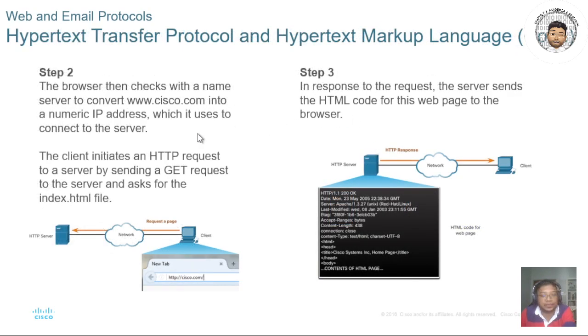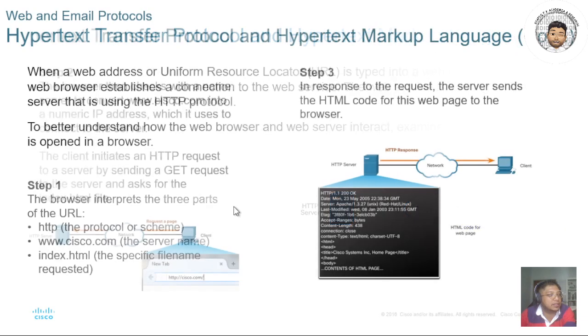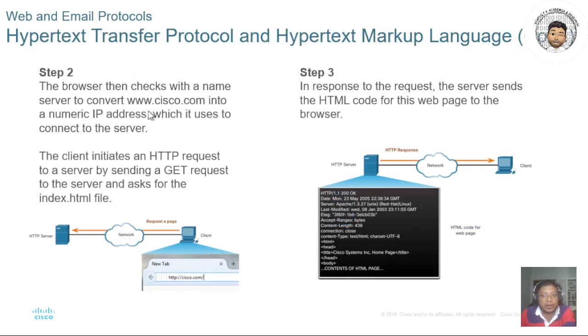In step one, you put in the address. In step 2, the browser checks with a name server to convert cisco.com into a numeric IP address, which it uses to connect to the server.